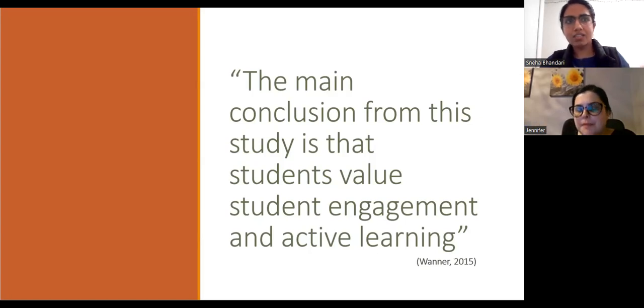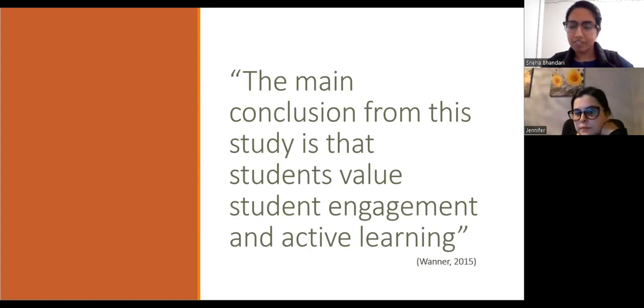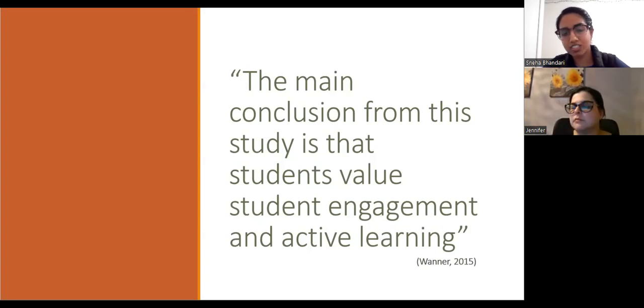The other thing is, they only used PowerPoint as a tool for the just-in-time activity. Students in their survey also mentioned that they were very comfortable and familiar with this tool. Most of the educators and students are so familiar with using PowerPoint as a tool.